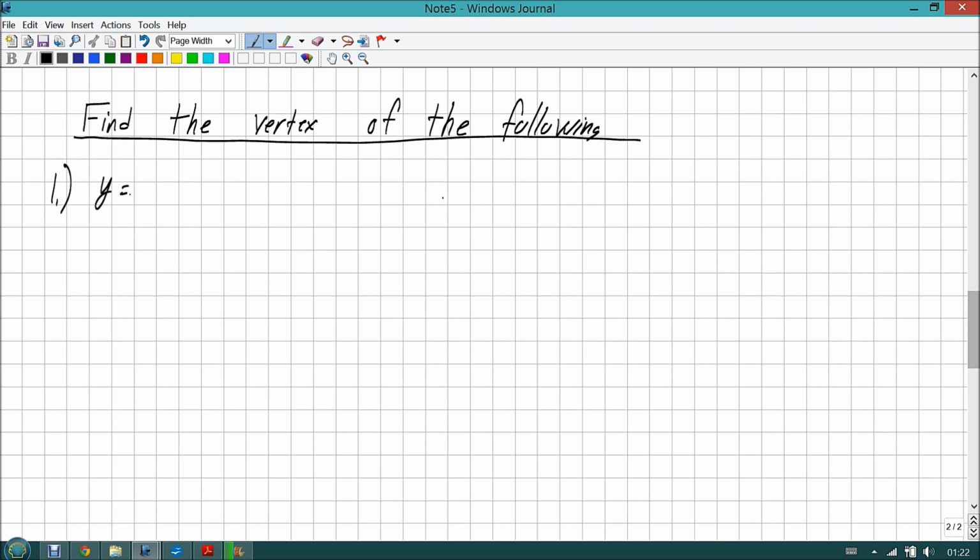Number 1, y is equal to x plus 2 times x minus 3.